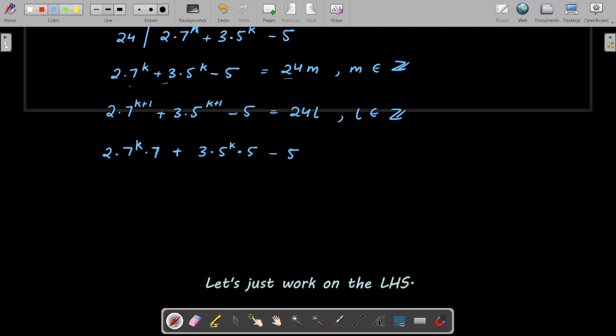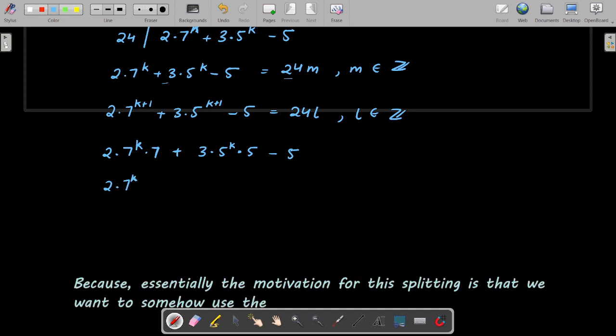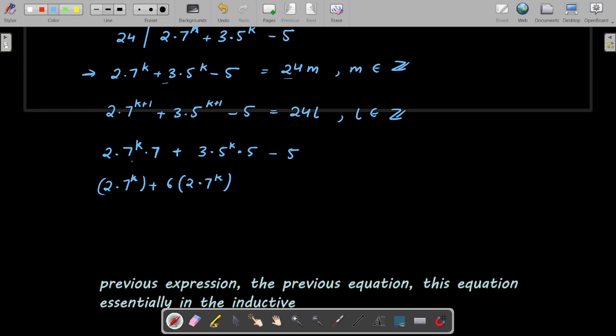So this is essentially 2 into 7 to the power k plus 6 into 2 into 7 to the power k, because the motivation for this splitting is that we want to somehow use the previous equation in the inductive step, right?